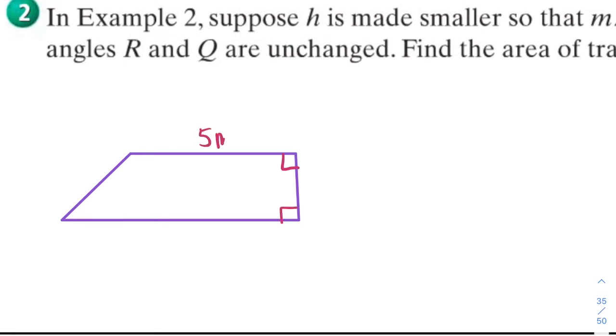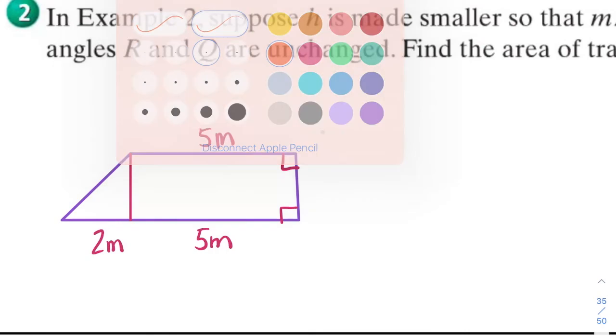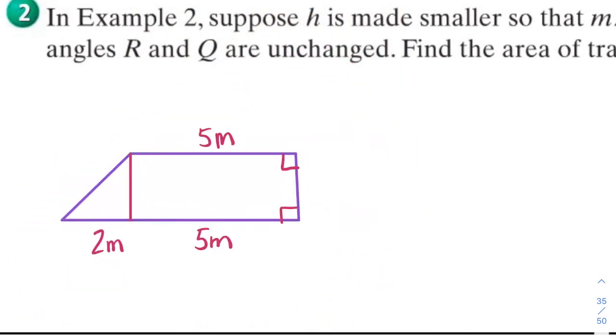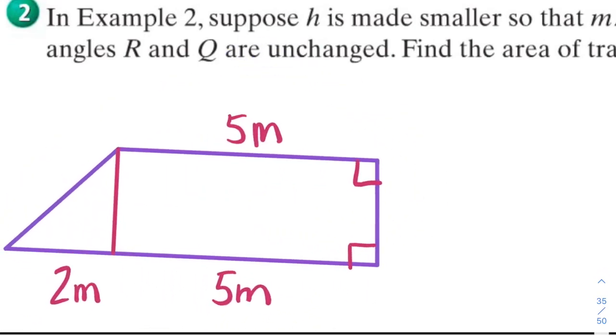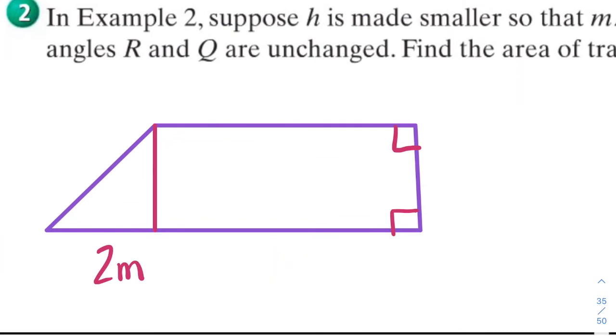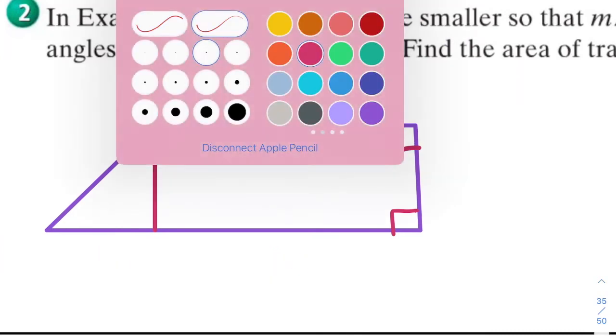That's still 5 meters. That's still 7 meters. That would mean that this would break apart here, and this would be 2 meters because this would have to be 5 meters. Well, if this is a 45, 45, 90, we're in a really good spot. Let me make those smaller.